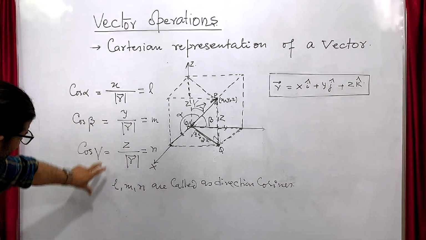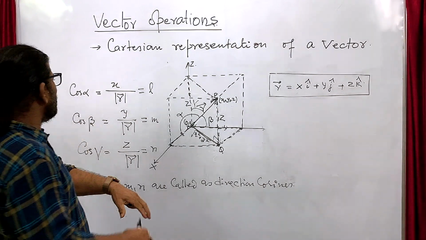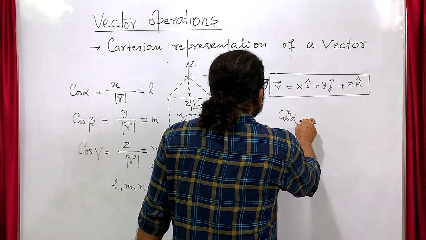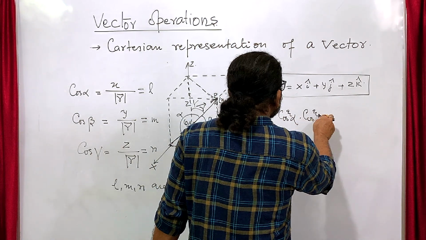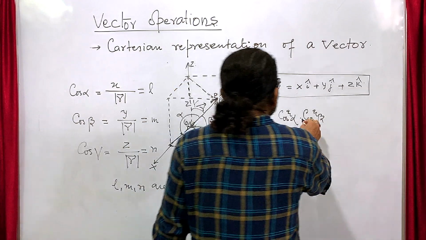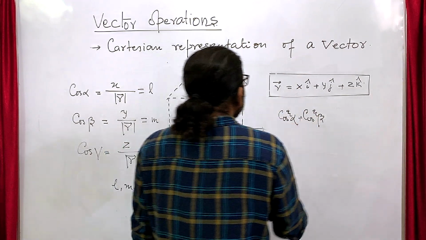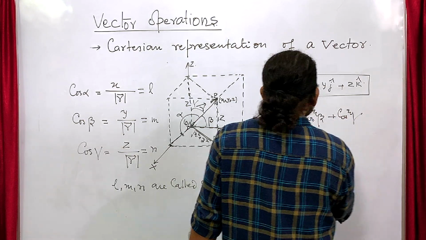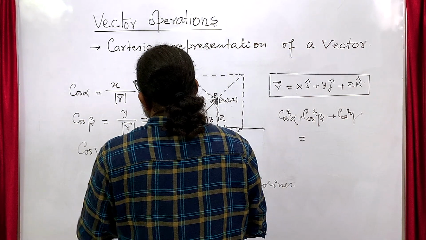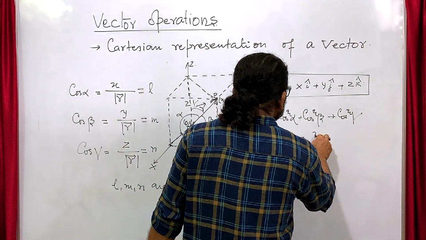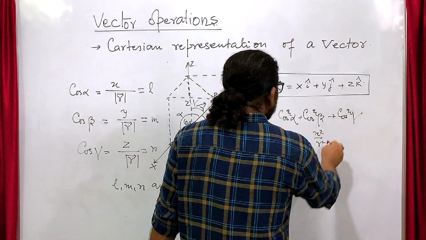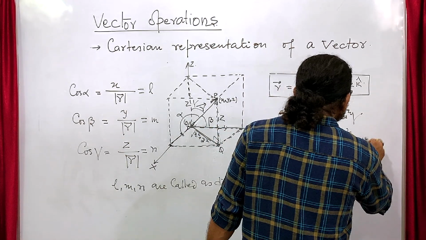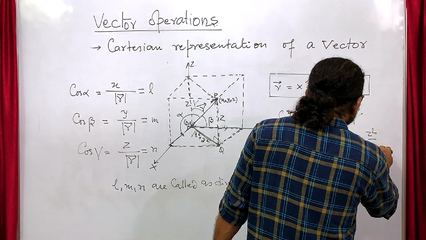Just see one mathematical operation: cos square alpha plus cos square beta plus cos square gamma is equal to x square by r square plus y square by r square plus z square by r square.